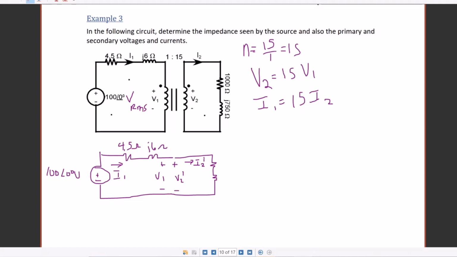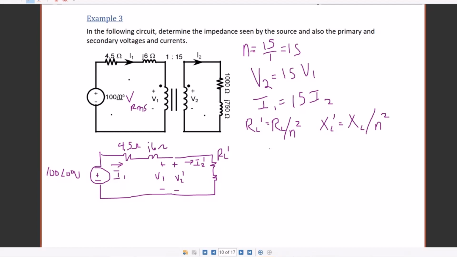Okay, so then the formula for reflecting is that RL prime is RL over N squared, and that's from page 2 of your notes. RL over N squared, and this is XL over N squared.